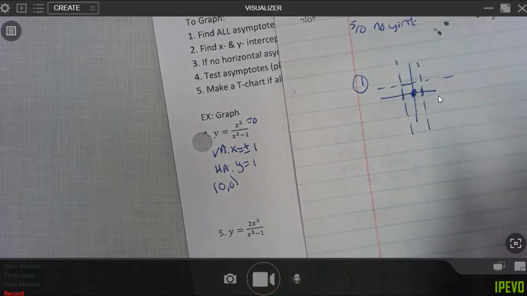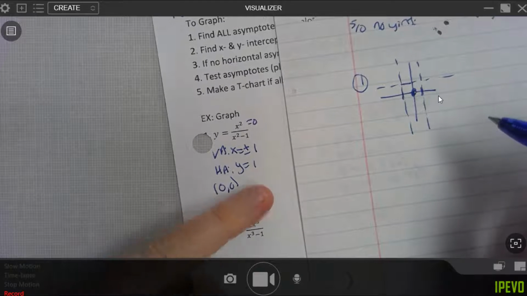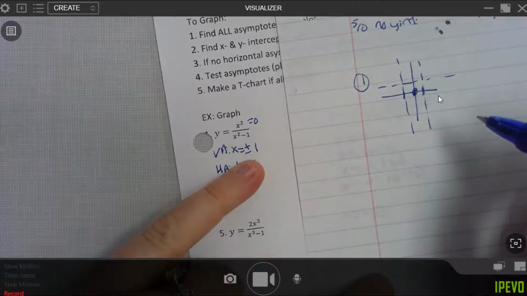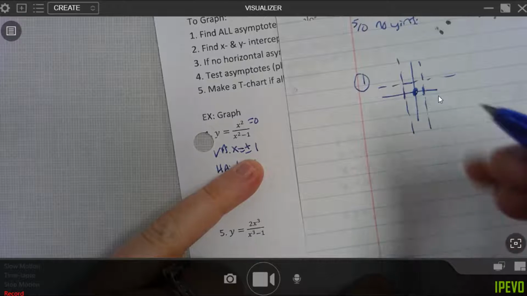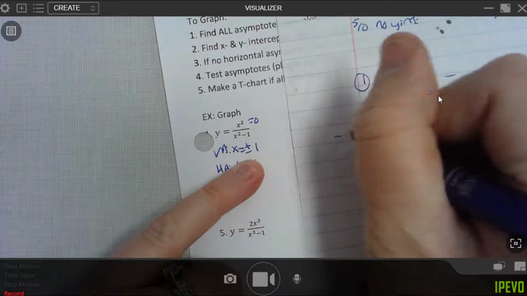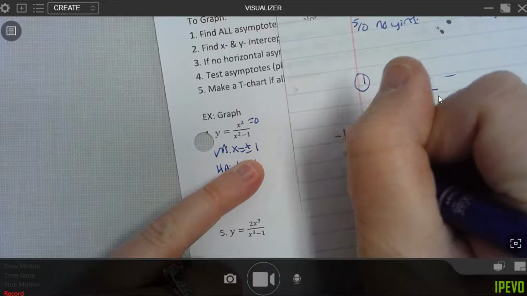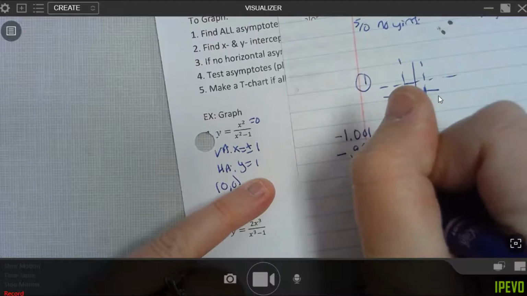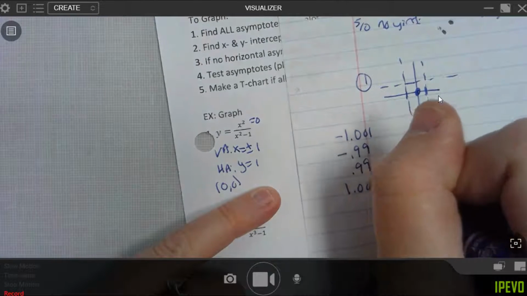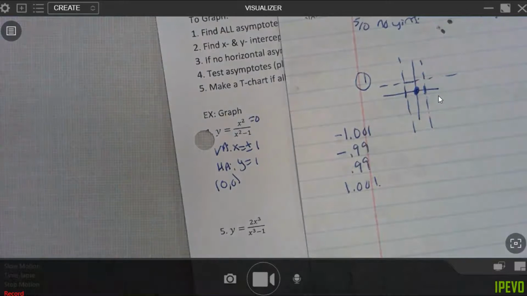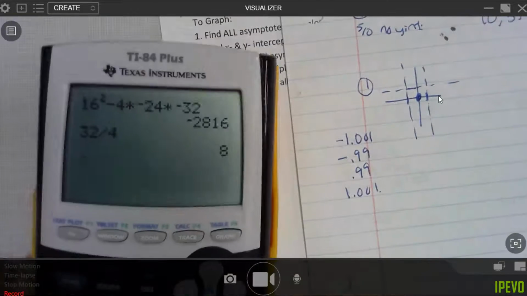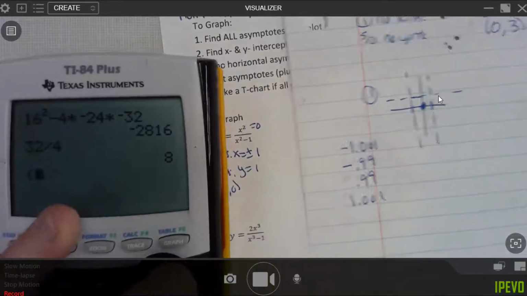So what you do in order to check these is I'm going to pick a number a little bit smaller and larger than each of my asymptotes, going smallest to largest. So I'm going to test negative 1.001, negative 0.99, 0.99, 1.001. So if you need to, you can go ahead and grab a calculator out and then just type it in and make sure you type it in correctly.